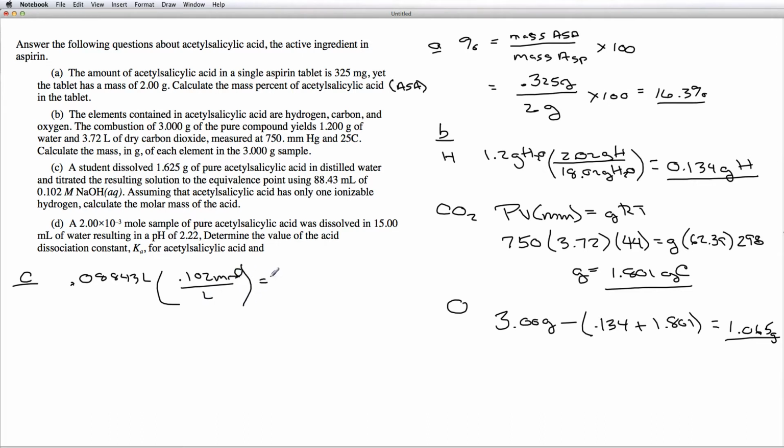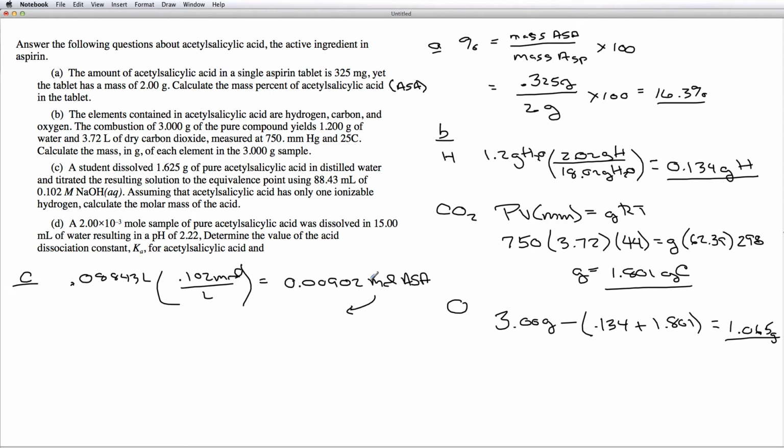If we multiply that out, we get 0.00902 moles of ASA, because since it's a titration, at the end point the moles of ASA equal the moles of NaOH. So those two things are equal.